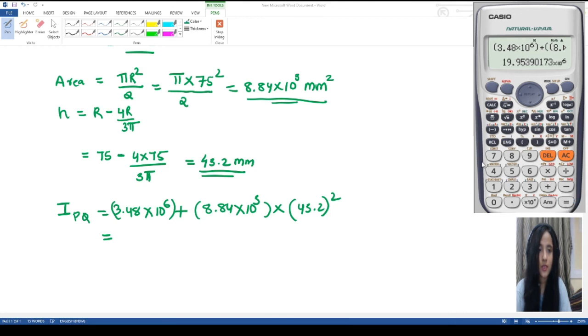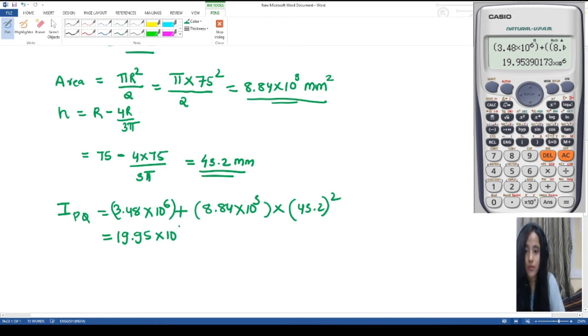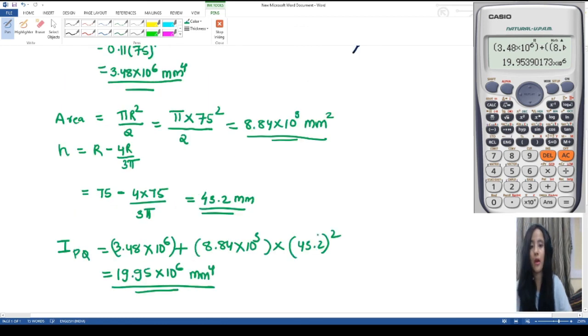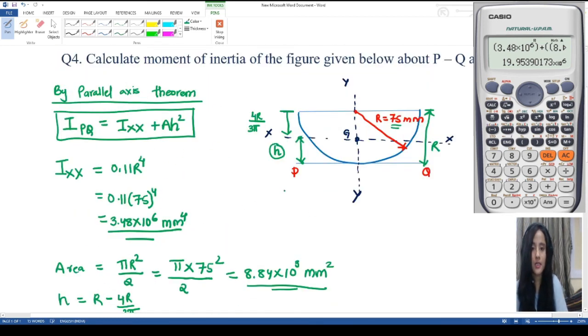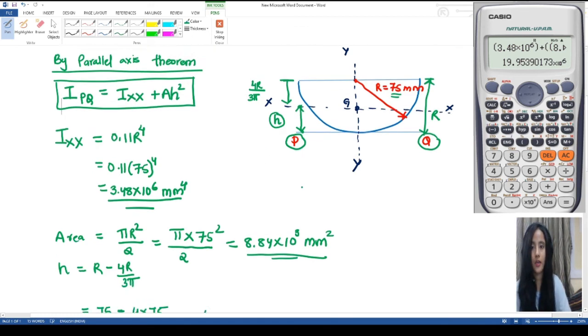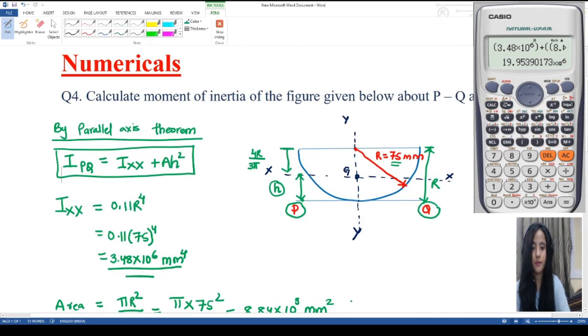So I'm getting 19.95 into 10 raised to power 6 mm raised to power 4. So this is my moment of inertia about this line PQ for a semicircle. I hope this numerical is also clear.